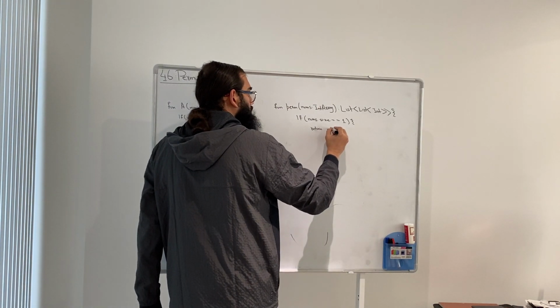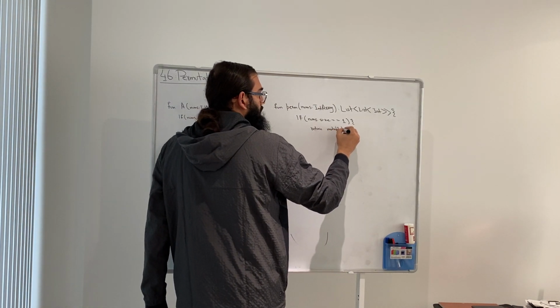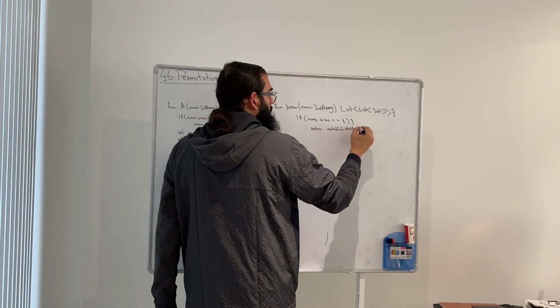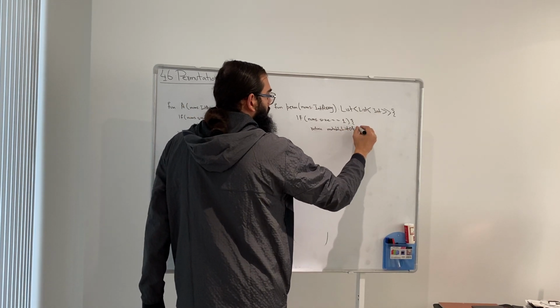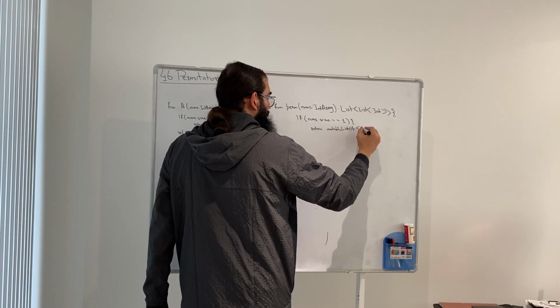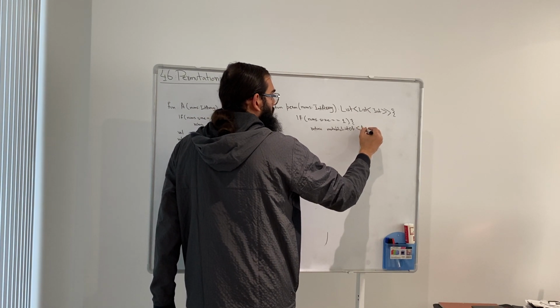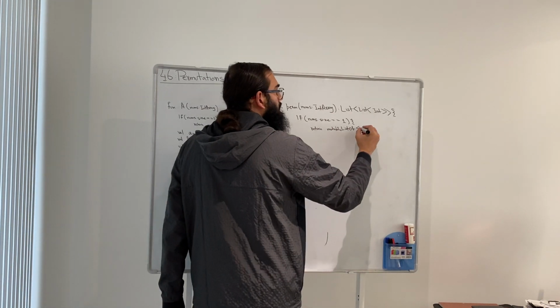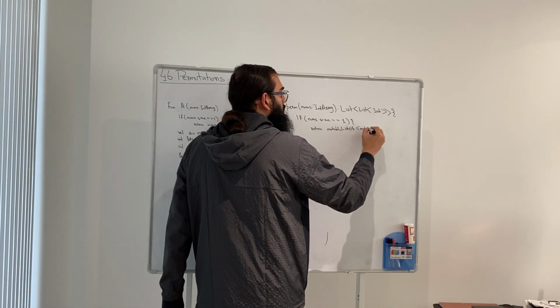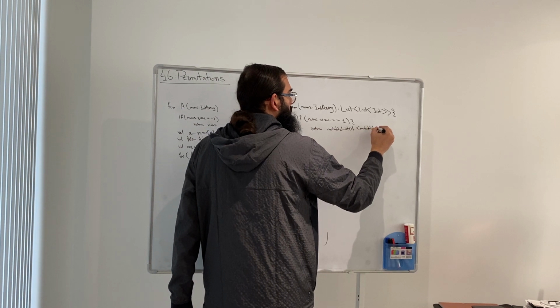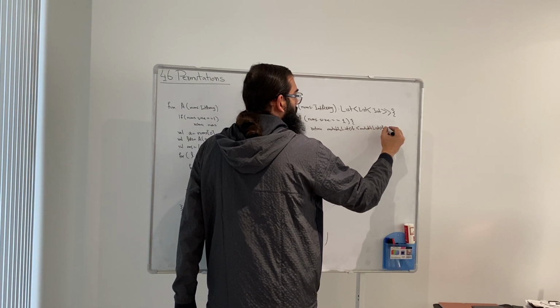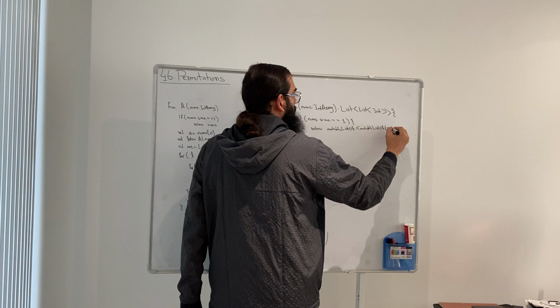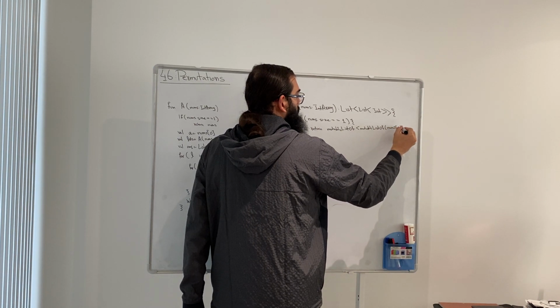So I will make a mutable list of, and I can put nums at 0.